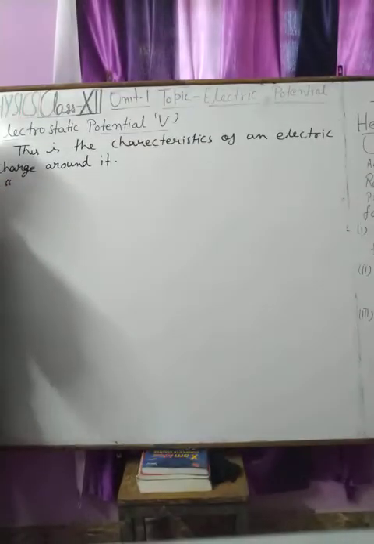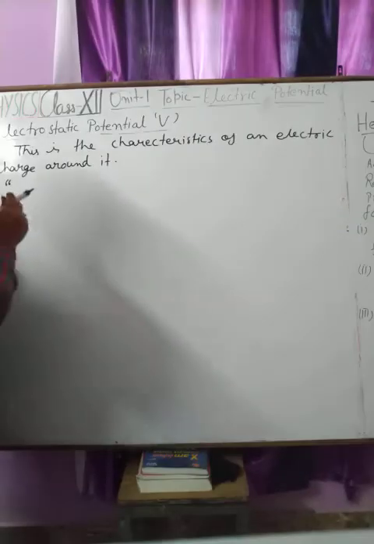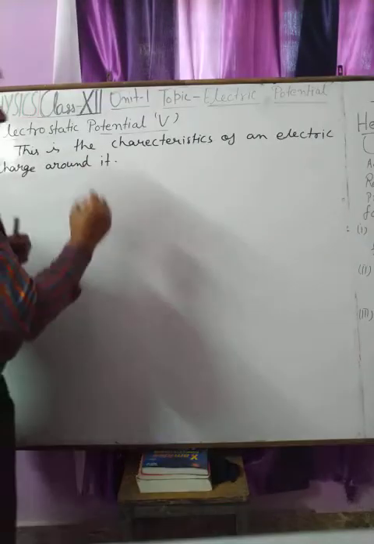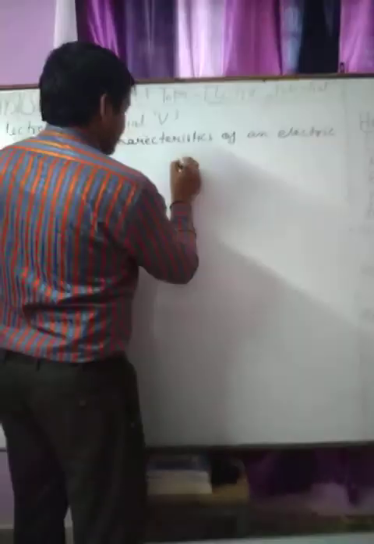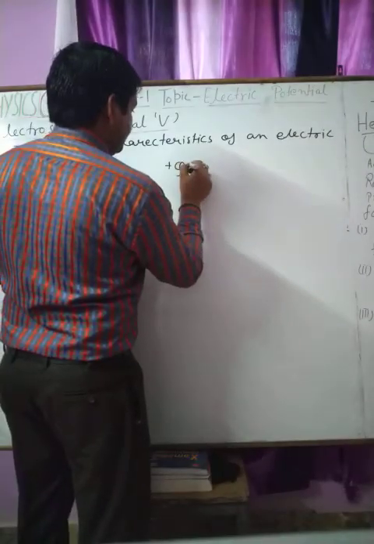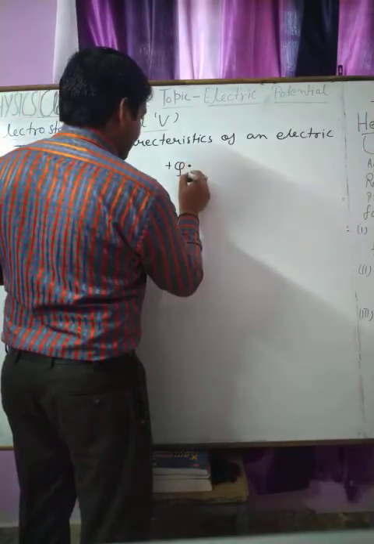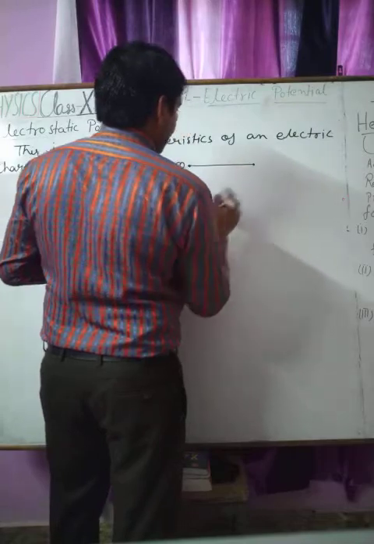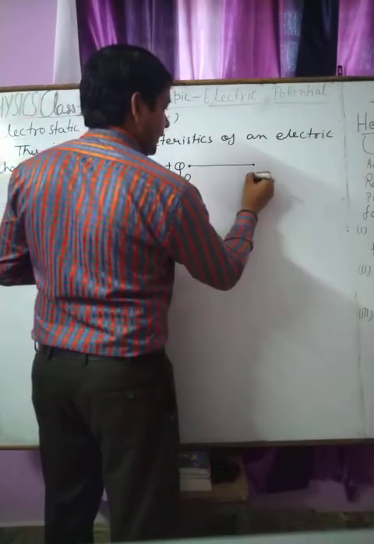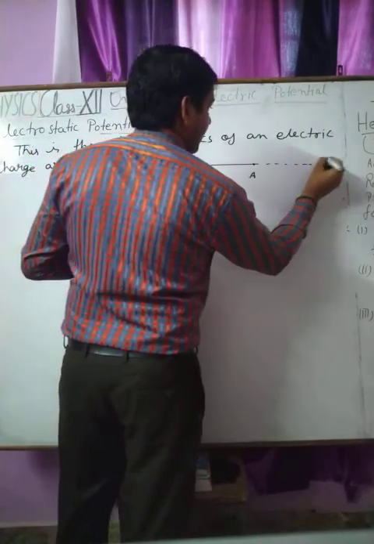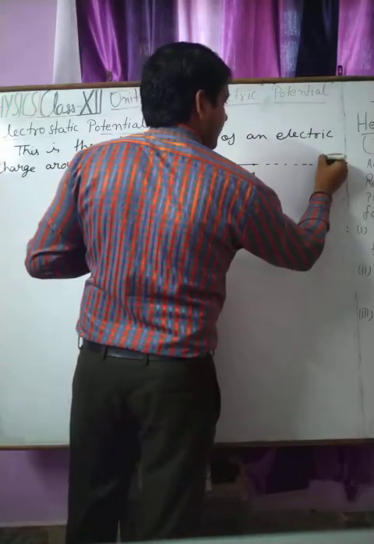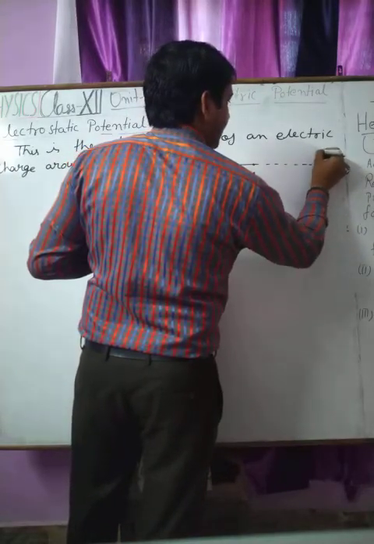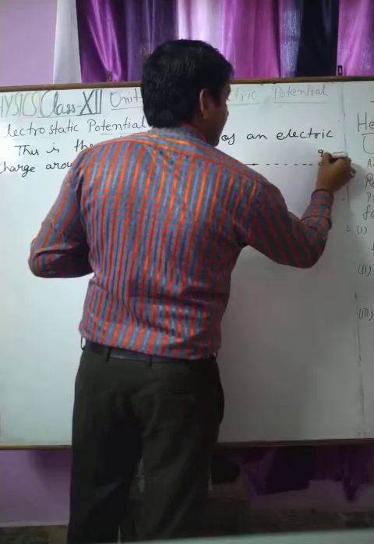That is, suppose students, we have a charge Q placed at point O, and this is a point A, and at infinity a test charge Q naught is placed.